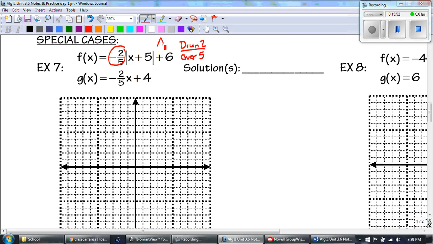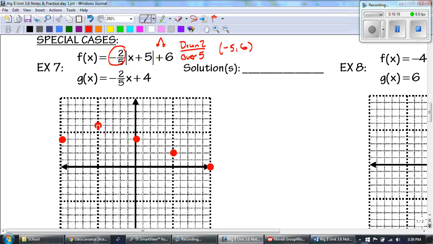When I'm going down, there's a reflection. And my vertex is -5, +6. Okay, so -5, +6, going down 2 over 5, down 2 over 5, down 2 over 5. Yes, in both directions.